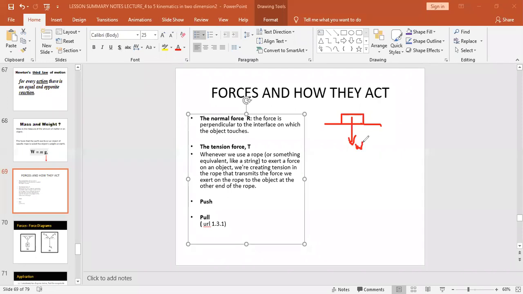That's W. Now there is also another force exerted by the surface of contact, which we call the normal reaction force. And that force always acts at what? Perpendicular to the surface. Perpendicular means 90 degrees to the surface of contact. So that is the normal reaction here.